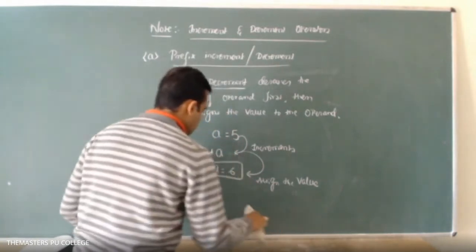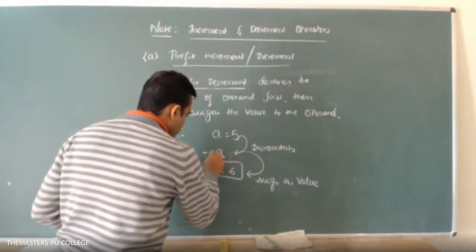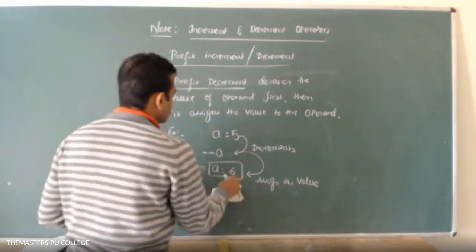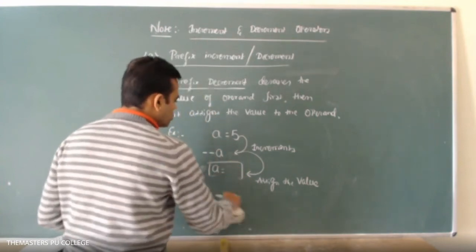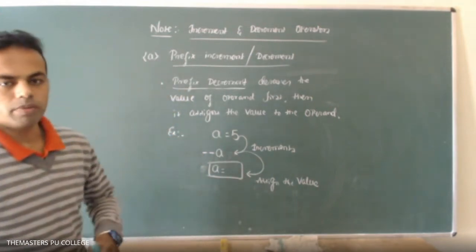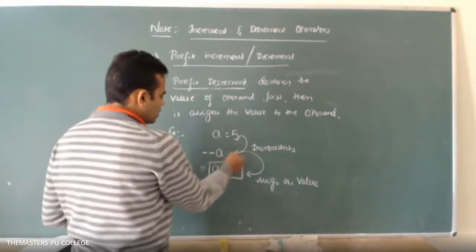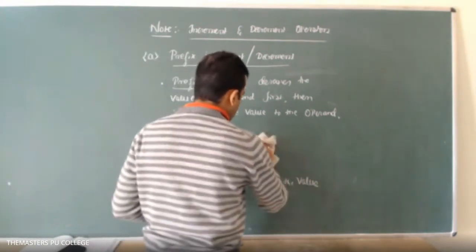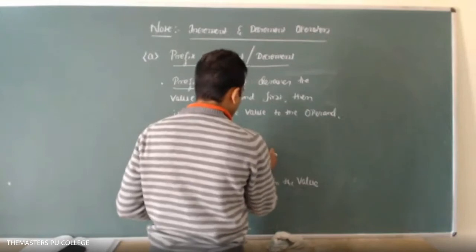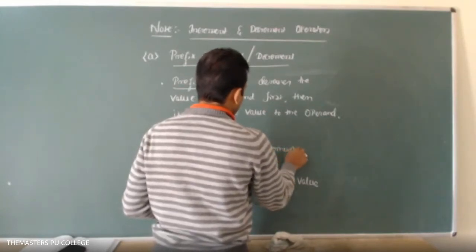I will consider the same example, so here I will give prefix decrement. What does the value become now? 4. So first it decrements. After that, it assigns the value.